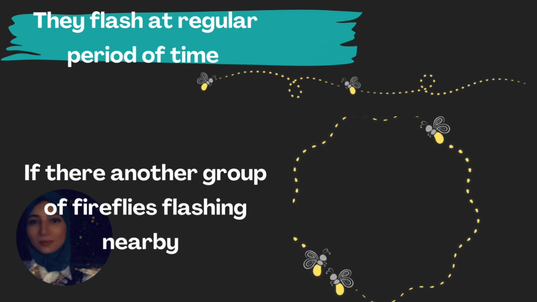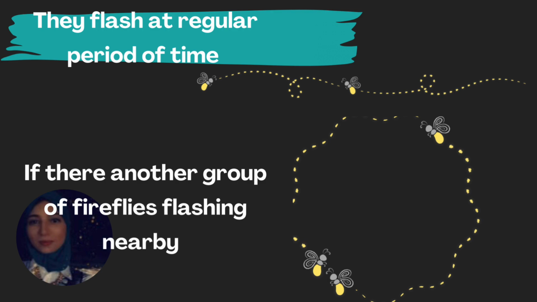But if there is another group of fireflies flashing nearby, as a way to communicate with this group, they change their own flash pattern to match the flash pattern of the other group.